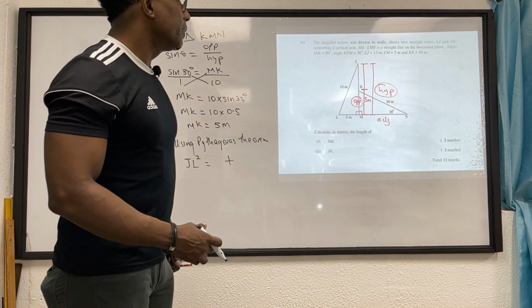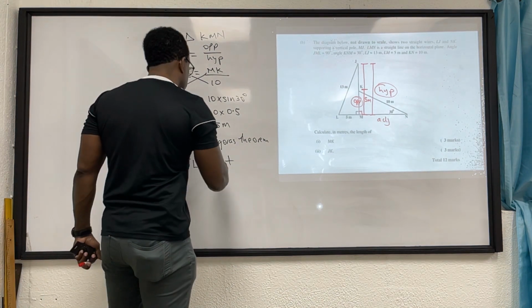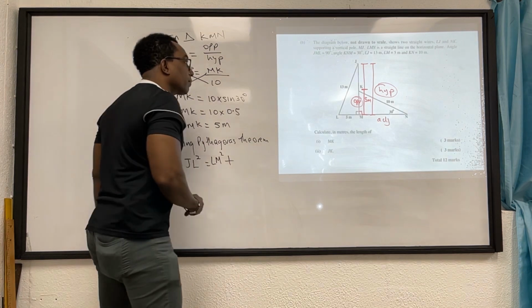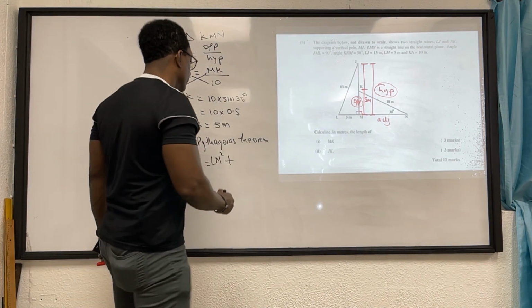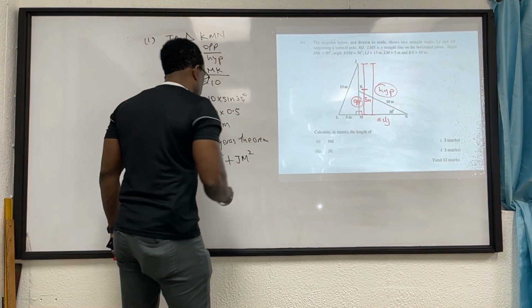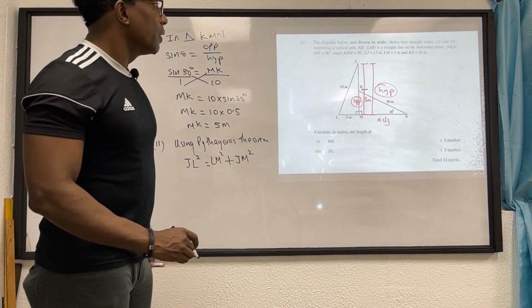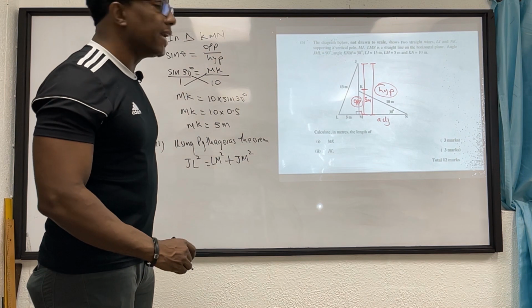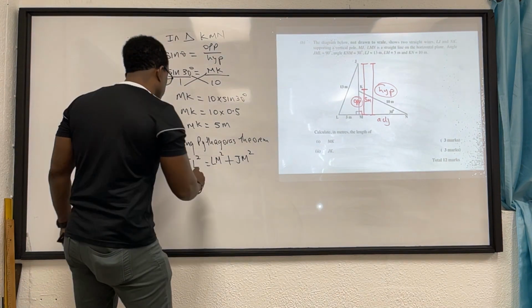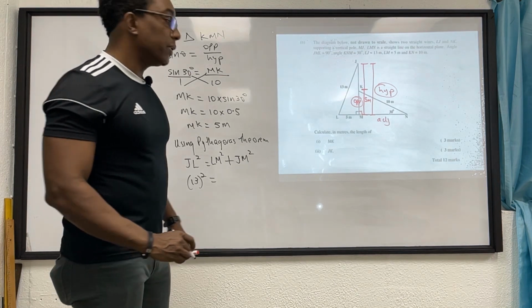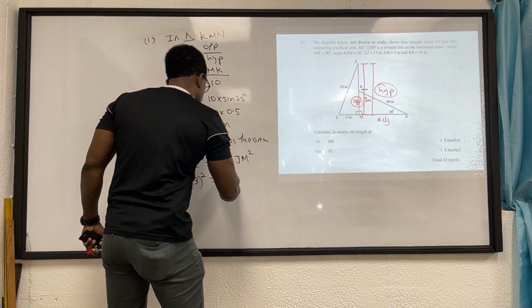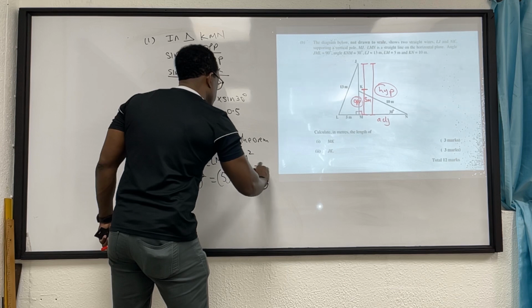So I'm going to put first LM squared plus JM squared or MJ squared. Let's substitute. We know that JL is 13 meters, so I'm going to put 13 in brackets squared. I'm going to replace LM with 5 in brackets squared, plus JM squared.